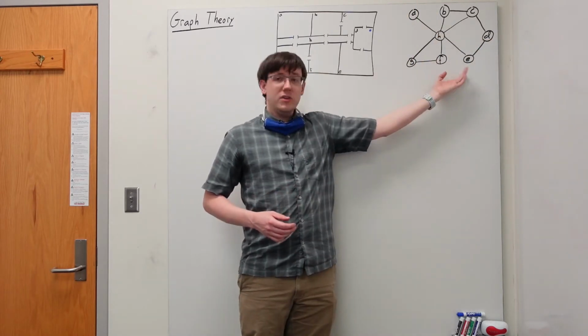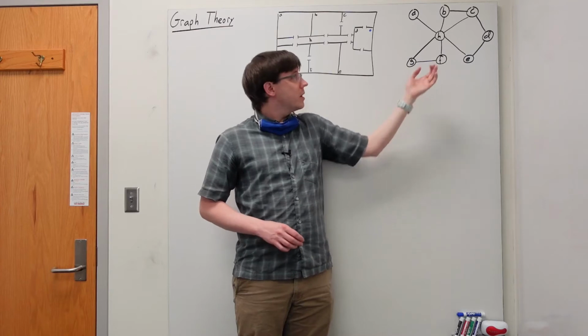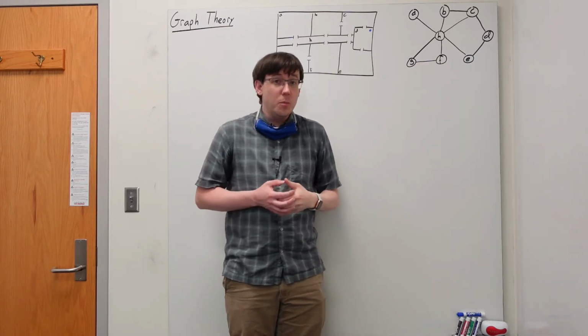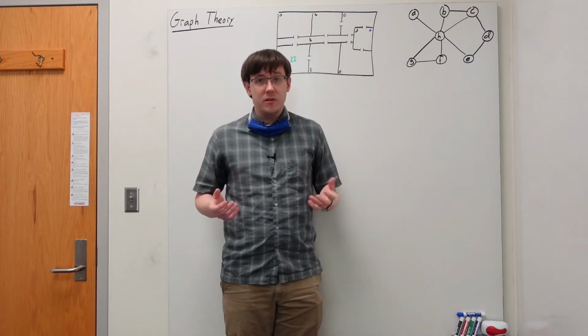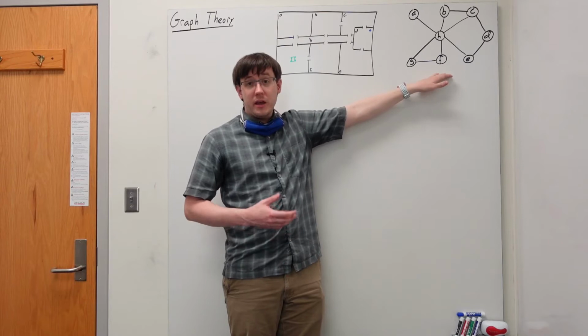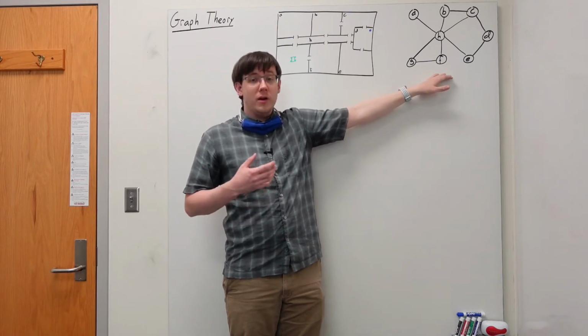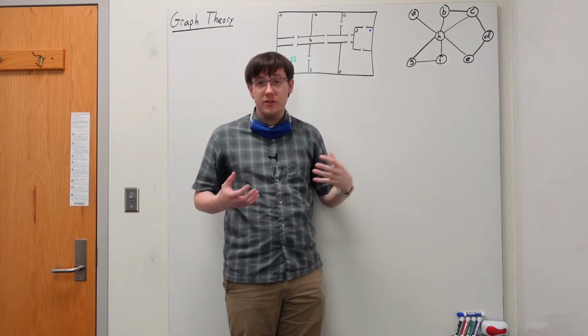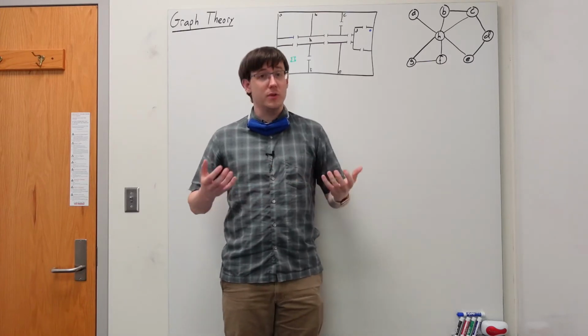But this same graph, this same collection of vertices and edges, could also model many other things. For example, this graph could represent a social network where the vertices correspond to people and the edges correspond to friendships between them.